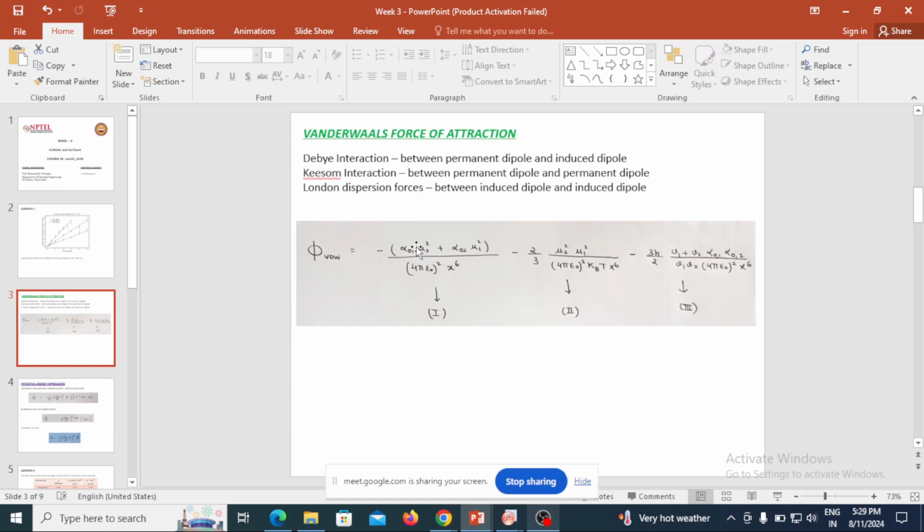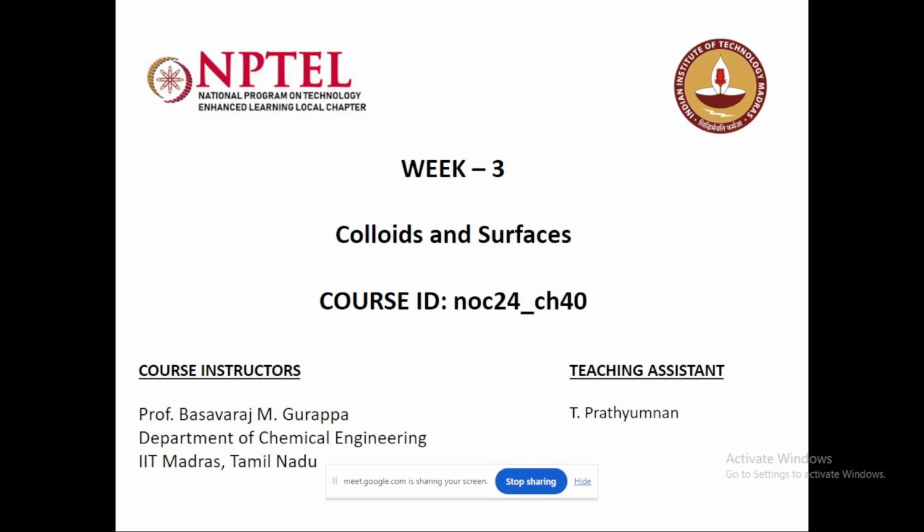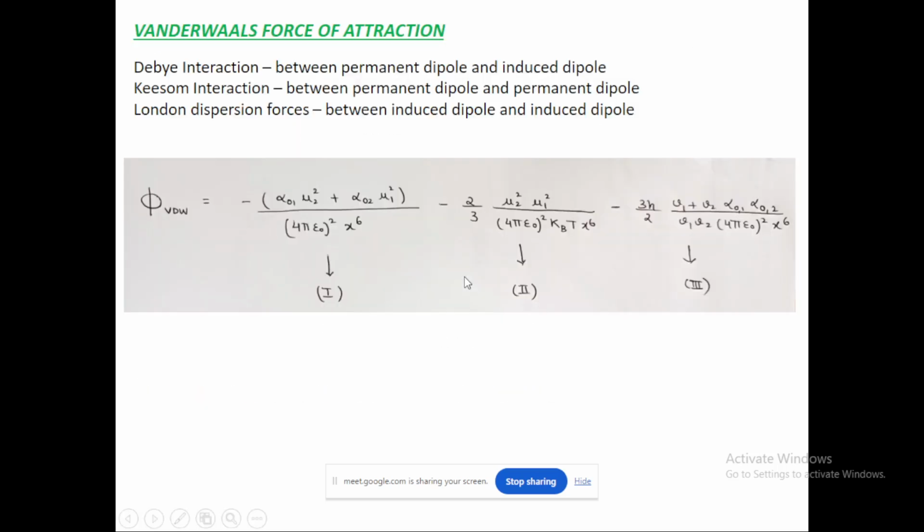So can anyone tell me which component is for what type of interactions? I have given 1, 2, 3. Can anyone tell me which one belongs to Debye, which one belongs to Keystone, and which one belongs to London dispersion forces? I'll just put it in presentation mode. Yes, anyone?